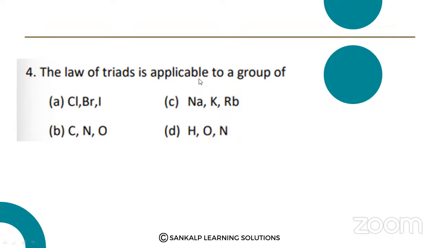The law of triads is applicable to a group of. So to which group is it applicable? Law of triads. So the law of triads is applicable for which group? Carbon is 6.